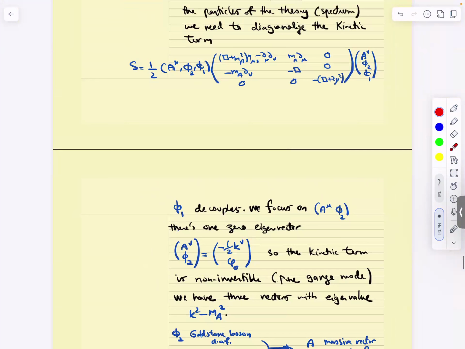You could check it explicitly. So this mass matrix is not invertible. The fact that you have this 0 mode means that you have a pure gauge degree of freedom. That was expected. Right? That was totally expected.